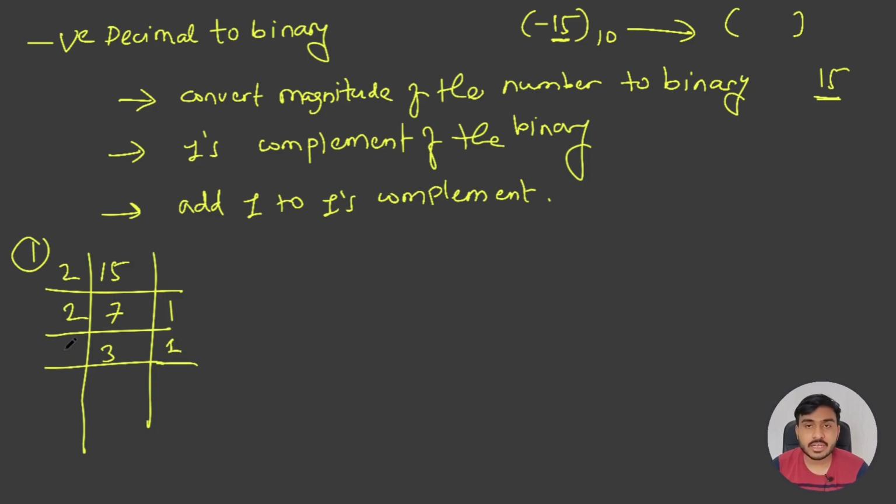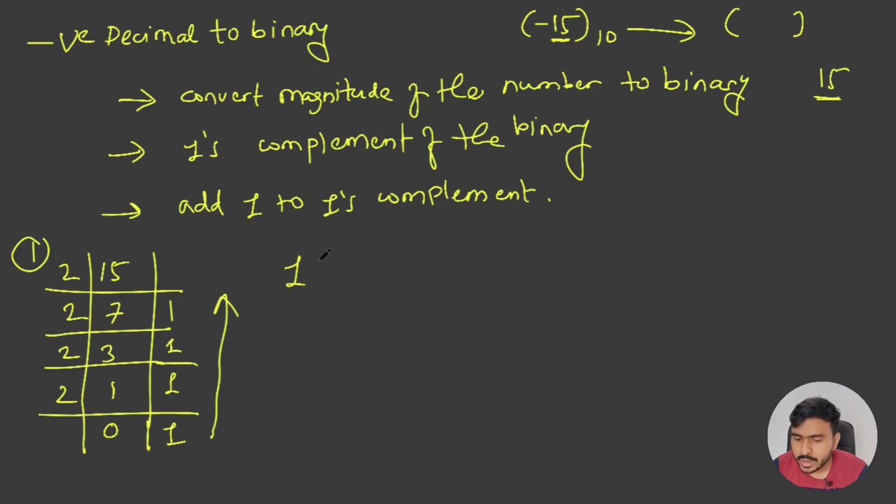Then divide 3 by 2. 2 ones are 2, we get 1 as a remainder. And divide 1 by 2, 0 we get as a quotient, and we get 1 as a remainder. So 4 times 1 we are getting as a conversion of 15. I'll just write it over here, 1 1 1 1. So 1 1 1 1 is basically a binary conversion of 15.